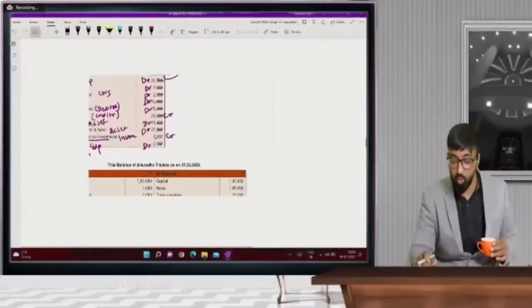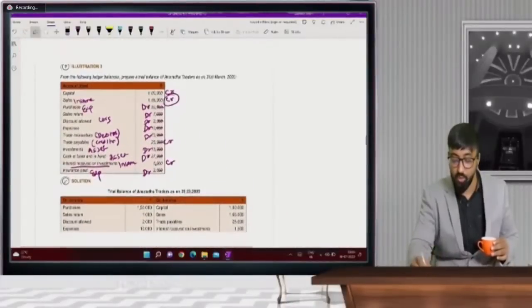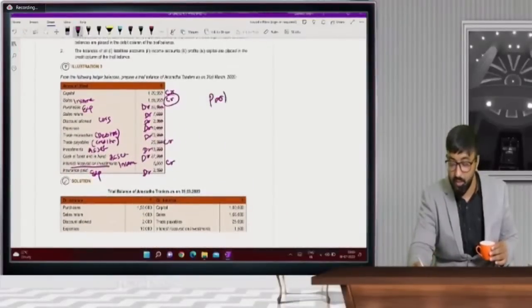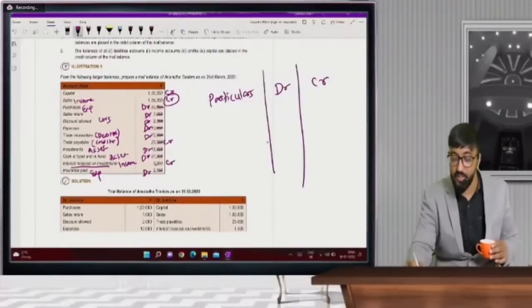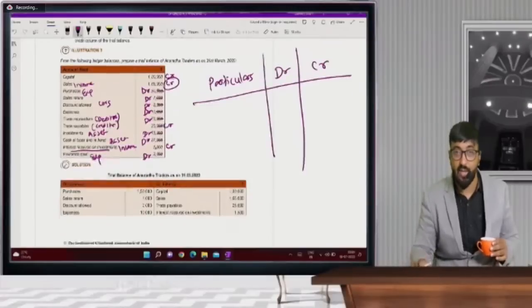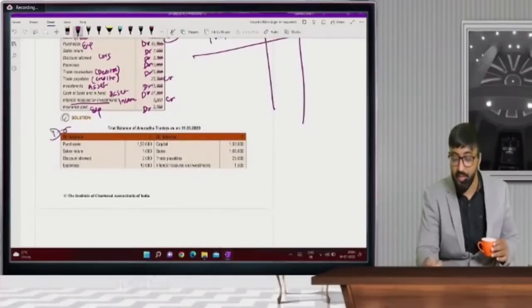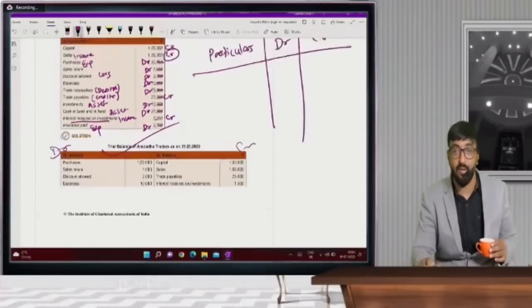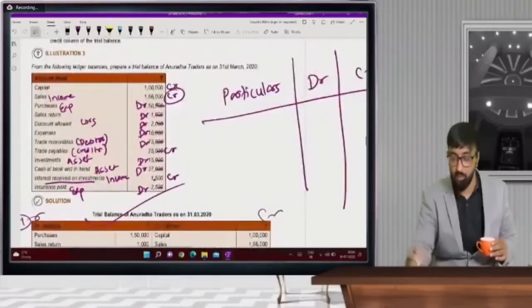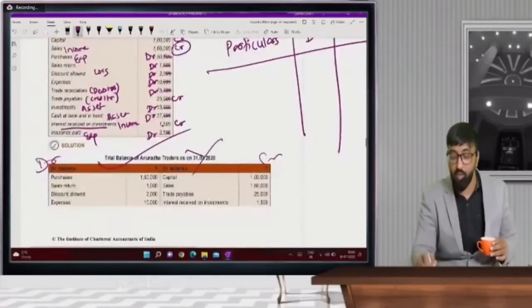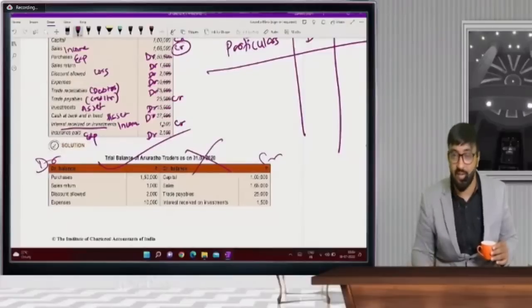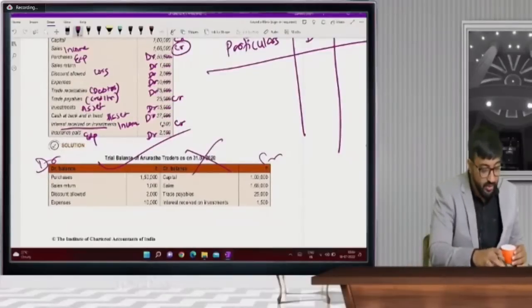So how do we write the trial balance? There are two views. You can write it like this, with particulars, debit and credit. This is the more popular way. The second method is a debit side and a credit side. You have two options, but in the exam go by the first option. This is the only understandable way.